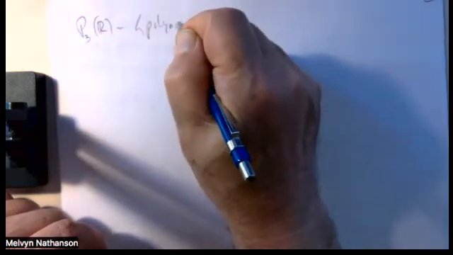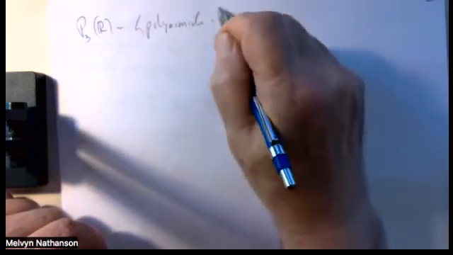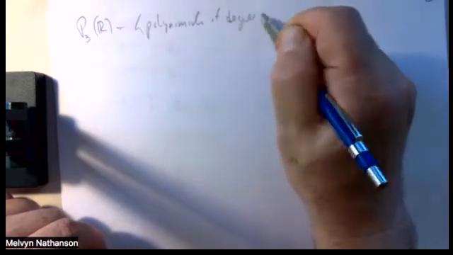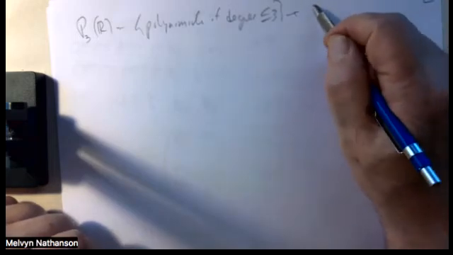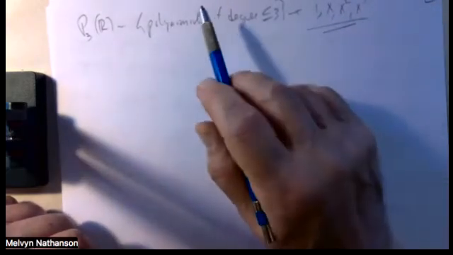So in particular, P3 of R is the set of all polynomials of degree at most 3. And every such polynomial is a linear combination of the polynomials 1, x, x squared, and x cubed. And these 4 polynomials are the standard basis for P3 of R.